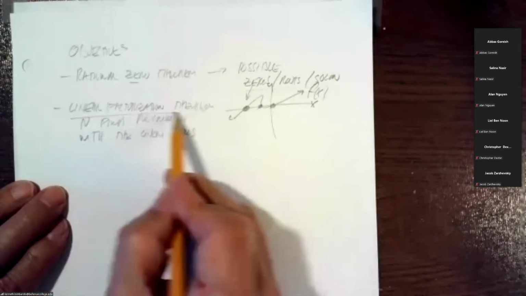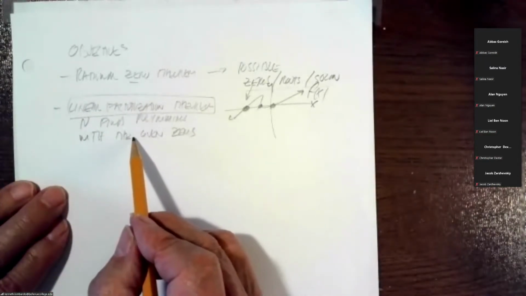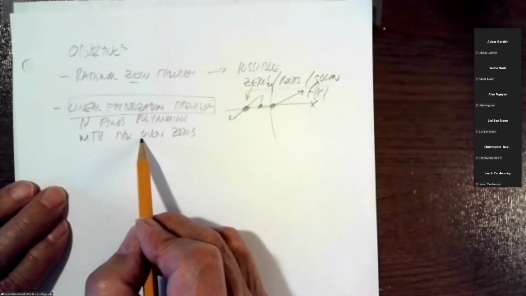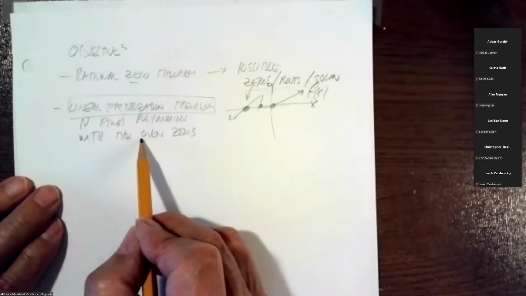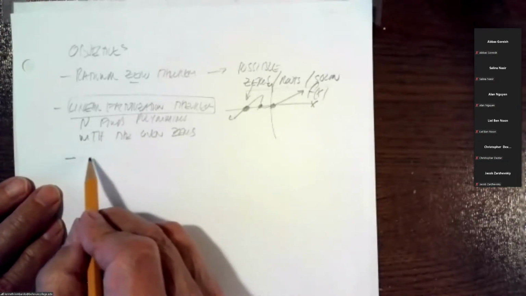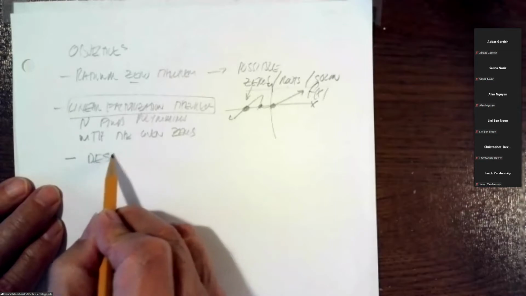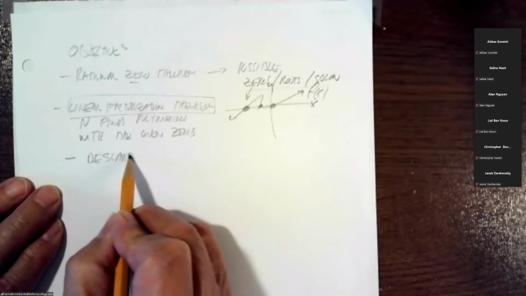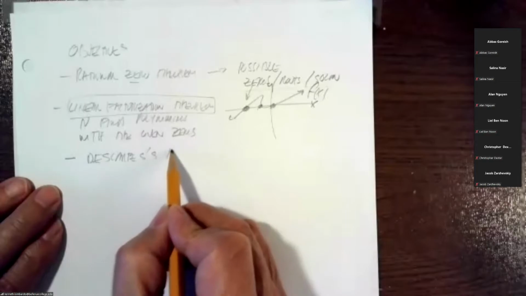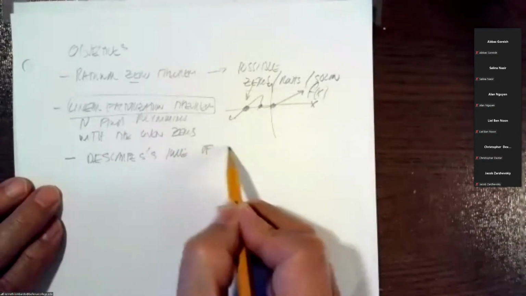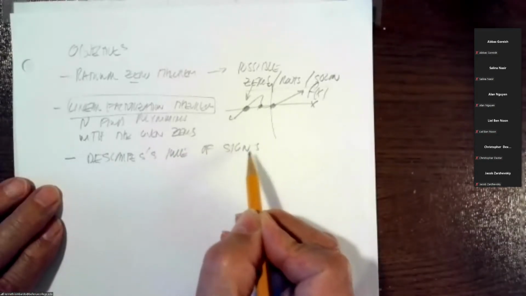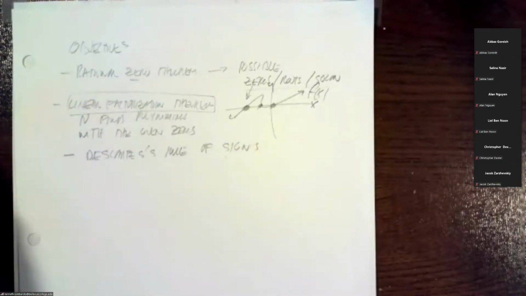So the linear factorization theorem says, hey, I might be given the zeros of a function, and I'm looking to find what the function looks like. And Descartes' rule of signs, we want to take a look at what that is and how we can use it.